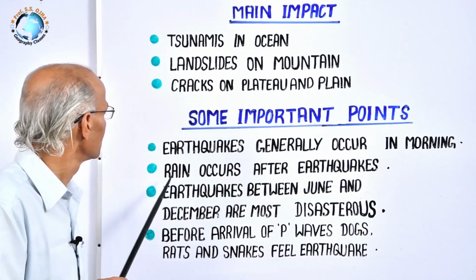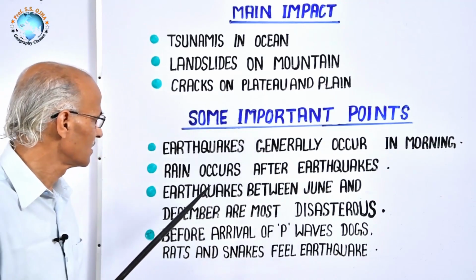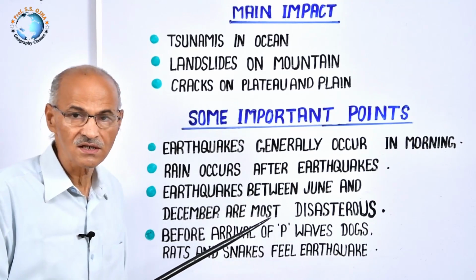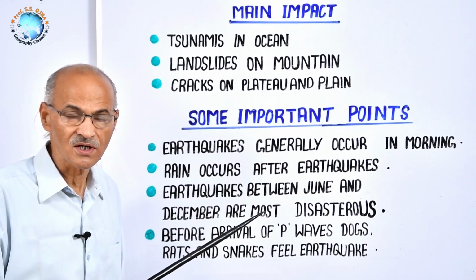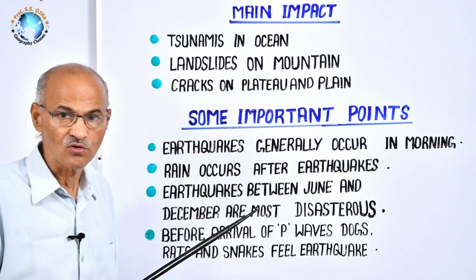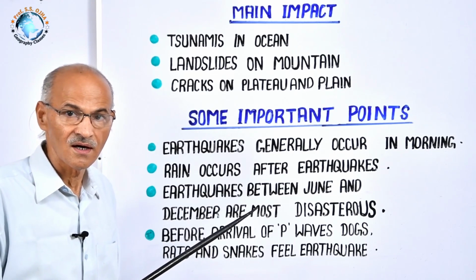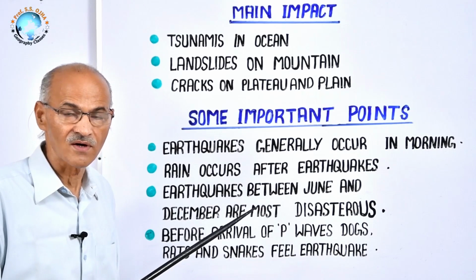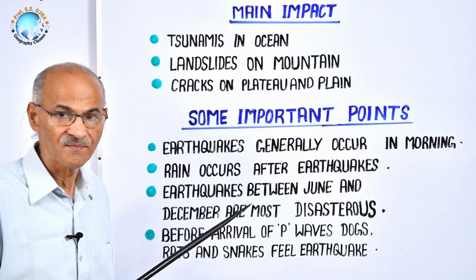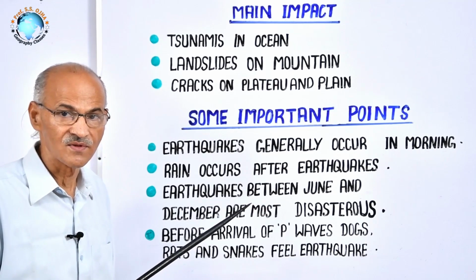The second question is, rain occurs after earthquake. You will generally see that when the people disturbed and damaged by earthquake are standing, the rain god showers mercy, means severe rainfall occurs there, again torturing the people and landscape there.